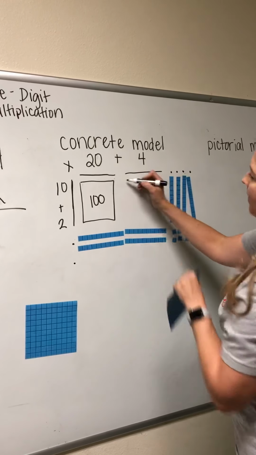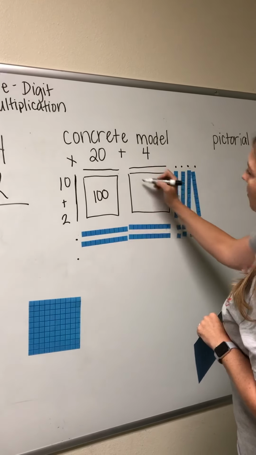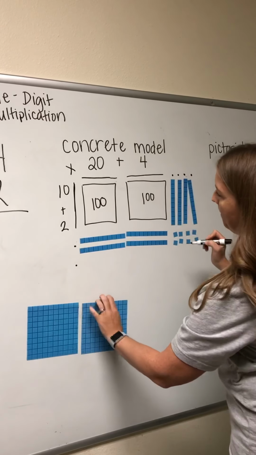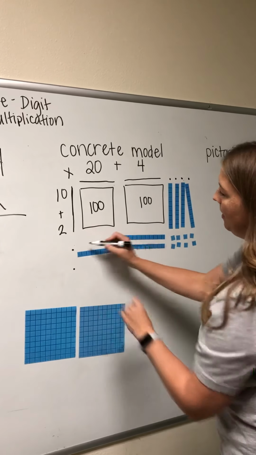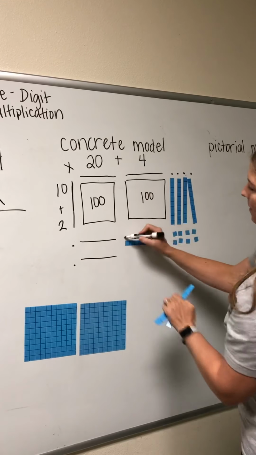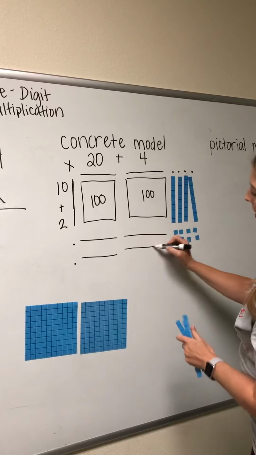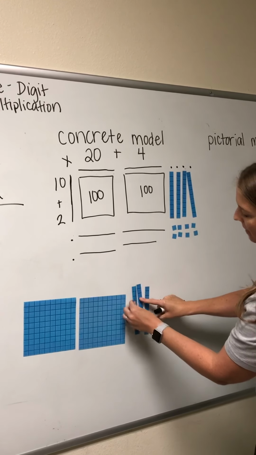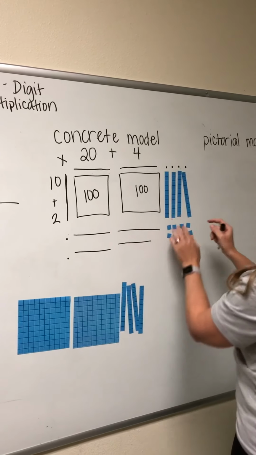Here I had another flat that equaled 100. Here I had a 10, another 10, another 10, another 10. And these are just very simple drawings because I don't have time to draw every individual square.